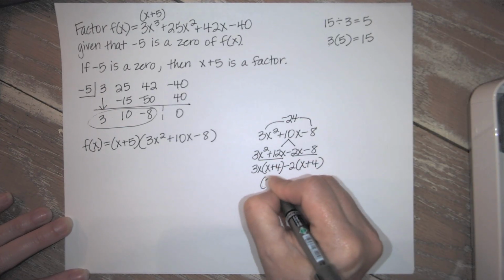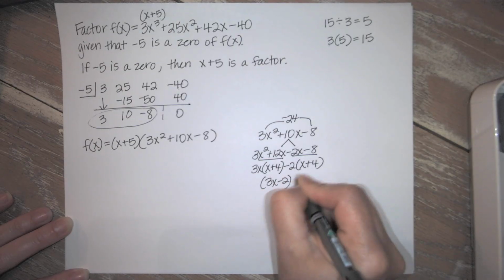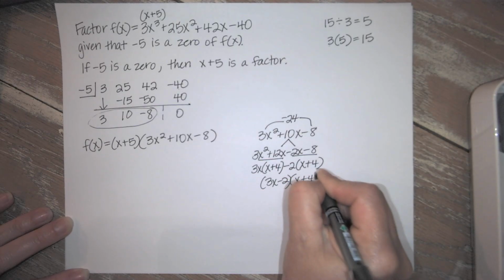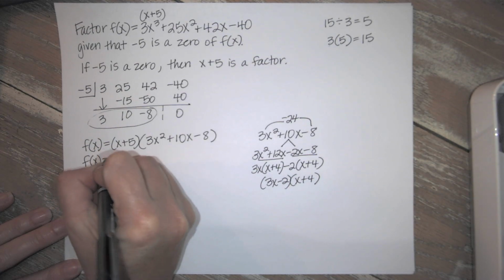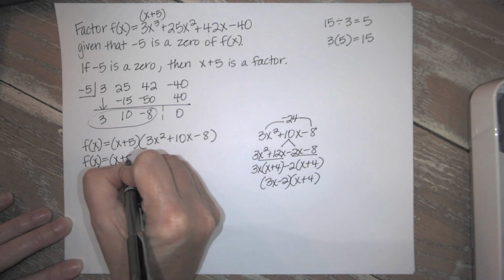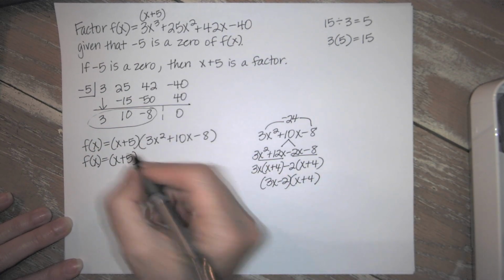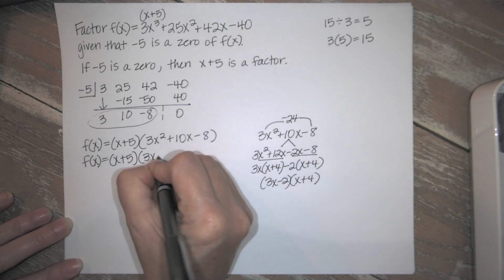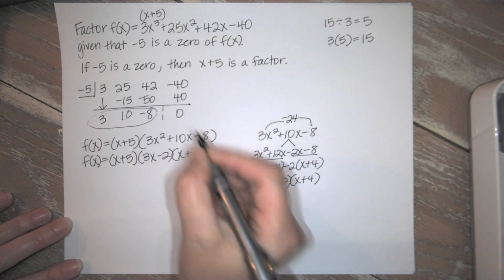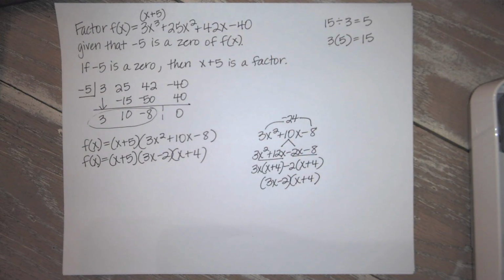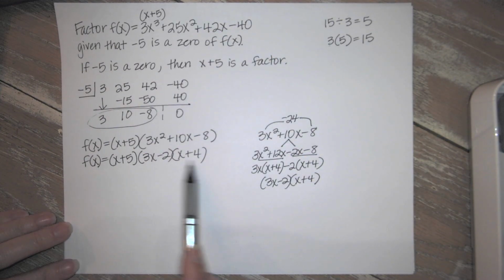And we end up with 3x minus 2 and x plus 4. So what we now have is x plus 5, and then we factored this to 3x minus 2 and x plus 4. And we have our original function completely factored.